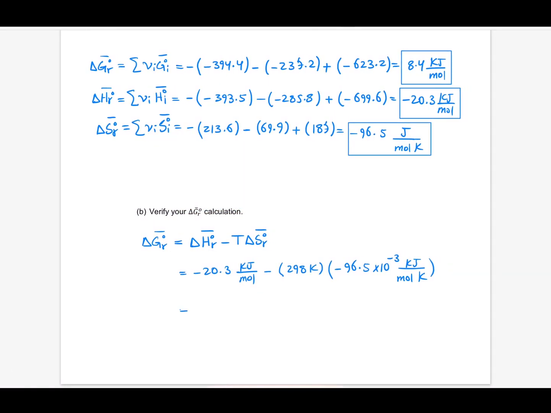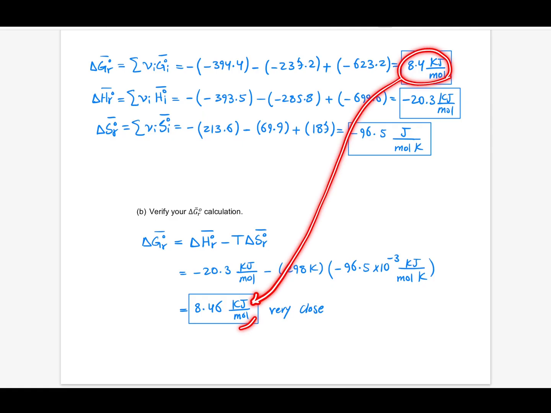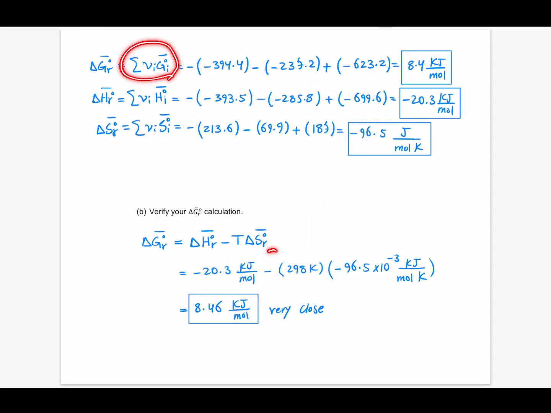So then this would give us 8.46 kilojoule per mole. And when we look at the value, this is pretty close to what we calculated based on the individual species, 8.4 and then 8.46, but using two different approaches.